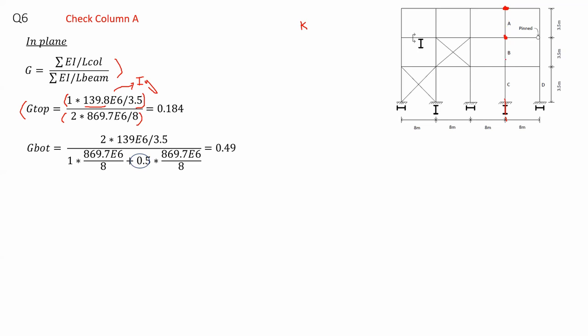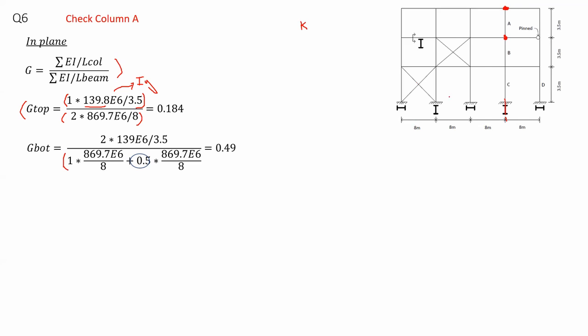I have column A and column B. And therefore, I say 2 multiplied by the moment of inertia Iy again, because the columns connected to this point would buckle about the weak axis, the y-axis. And I divide by 3.5 because each one of them has a length of 3.5 meters. And then when I consider the beams, again, I have 2 beams connected to this point.